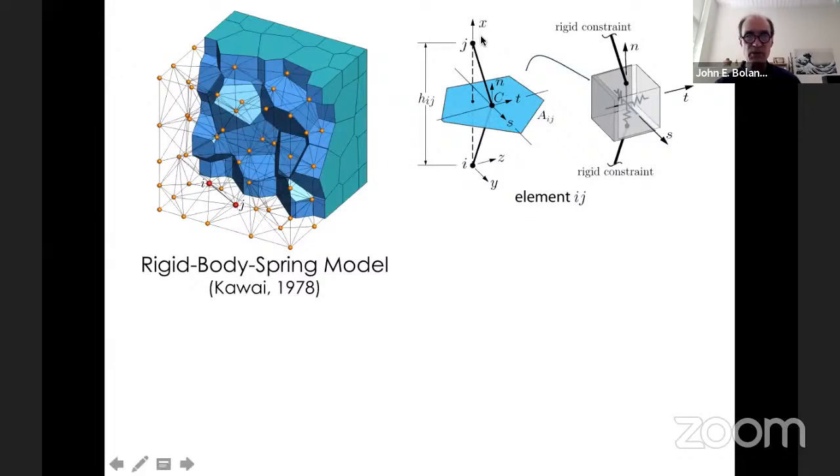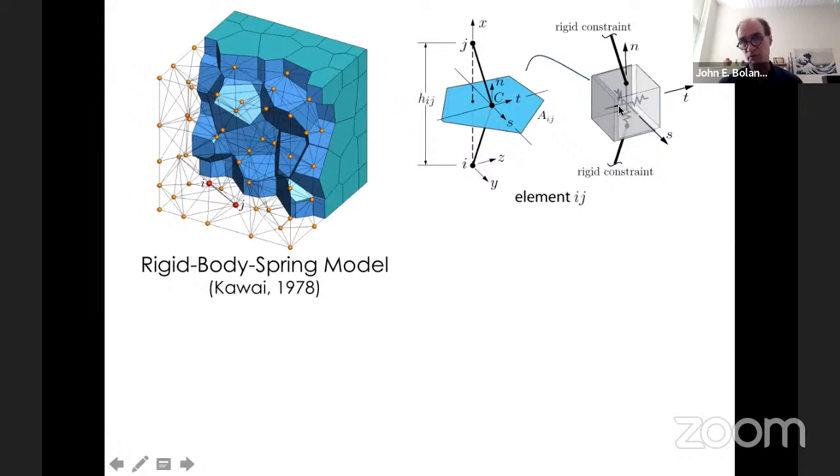I like to represent the elements this way. Instead of showing two particles next to each other, I like to view the element in this way, because this is all that matters. The two nodes, the Voronoi facet that's common to the two nodes, and their connection at the centroid of the Voronoi facet using a zero-size spring set.